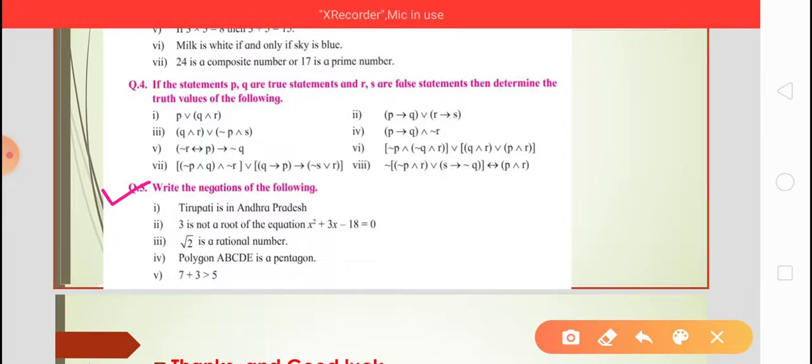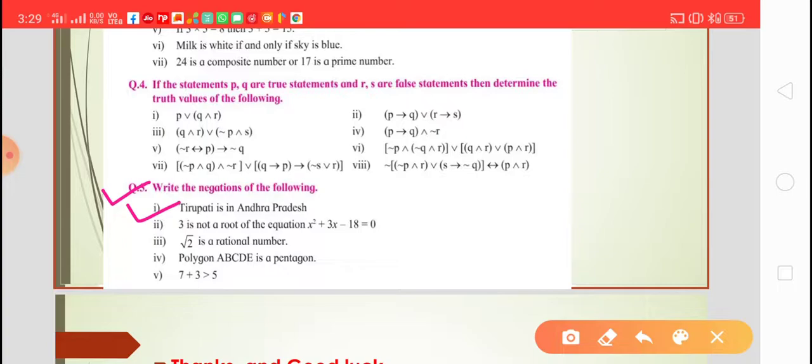Now the last question of this exercise: write the negation of the following. Friends, here is a simple trick for you. If you want the negation of a simple statement, just remember, if the given statement contains not, then remove that not. And if the given statement does not contain a not, then put the not in that statement. For example, in the first example, Tirupati is in Andhra Pradesh.